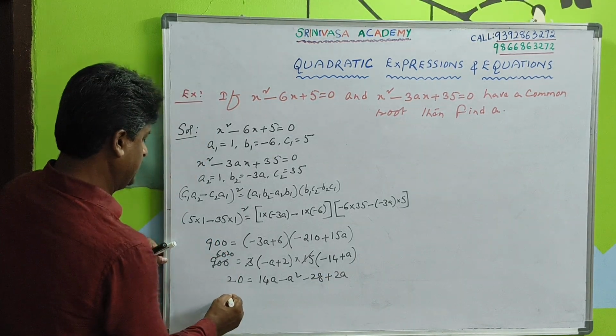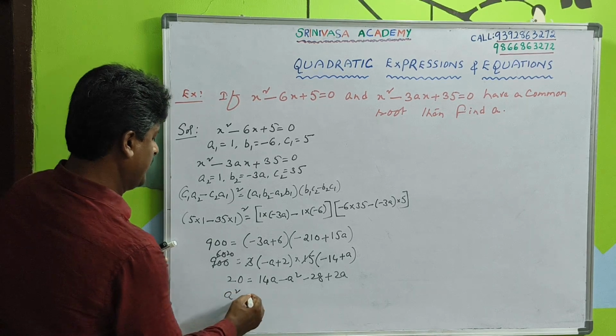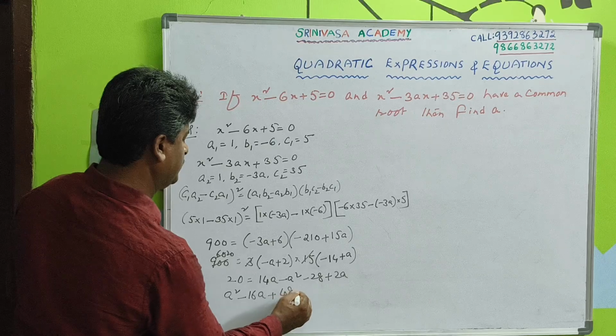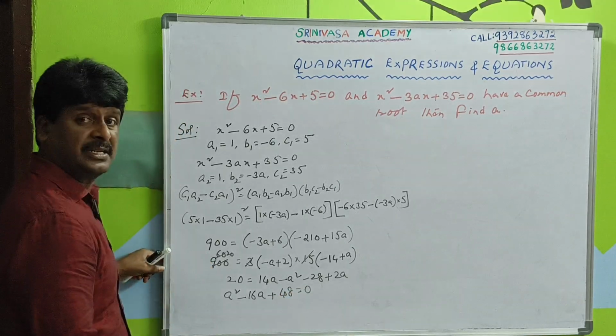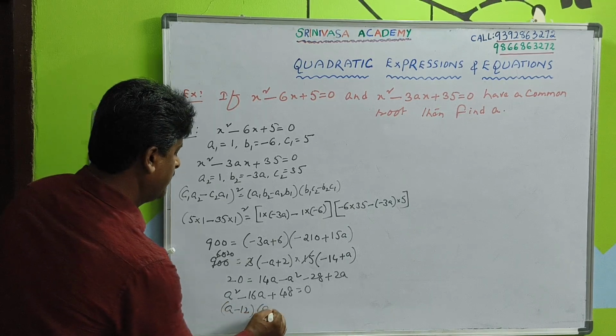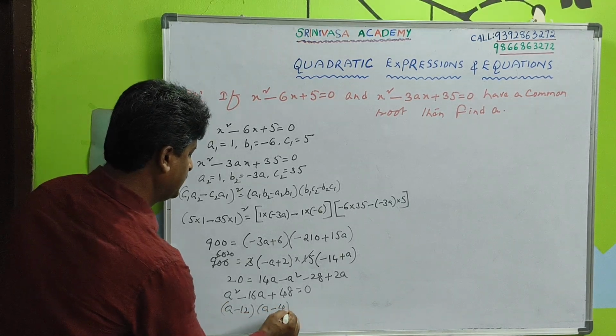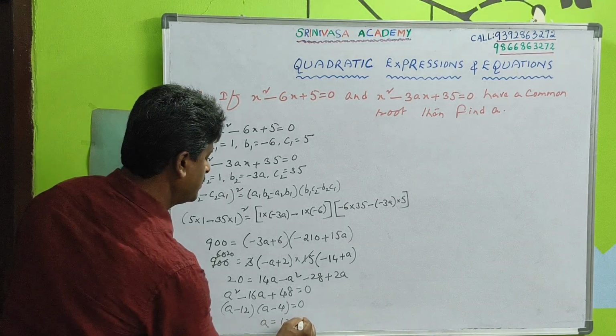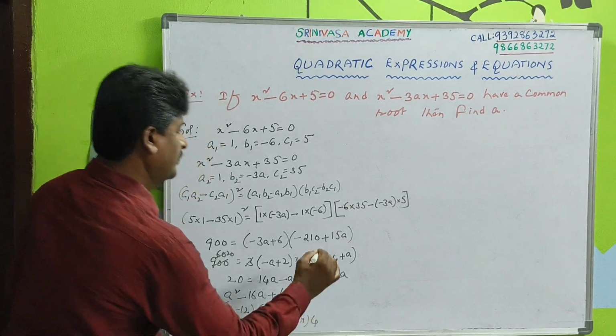This is a square minus 16a plus 48 is equals to 0. Factorization: a minus 12 into a minus 4 is equals to 0. A is equals to 12 or 4.